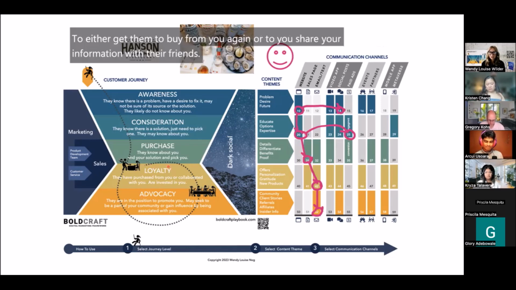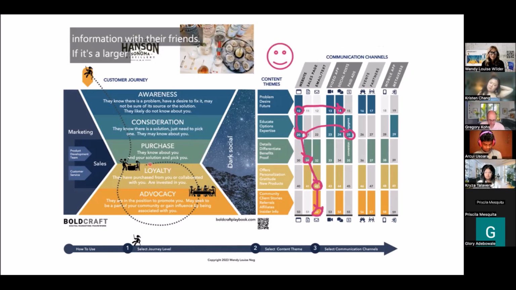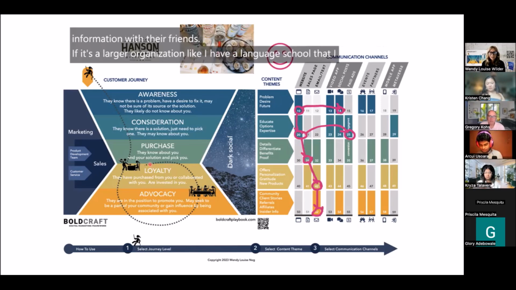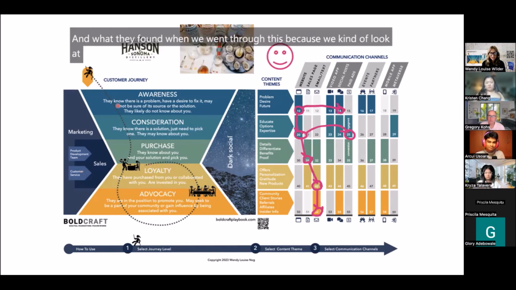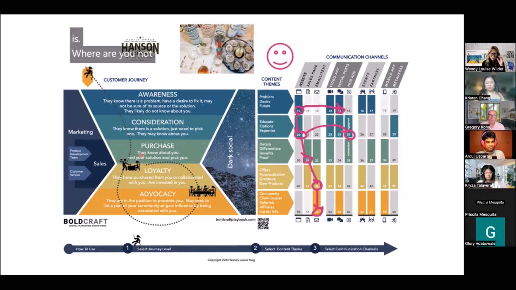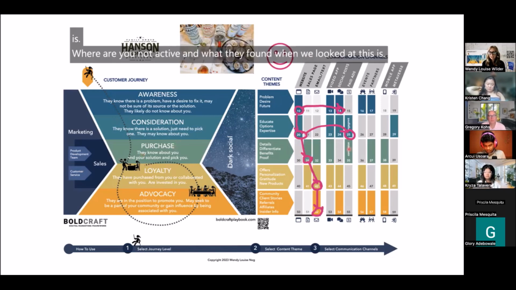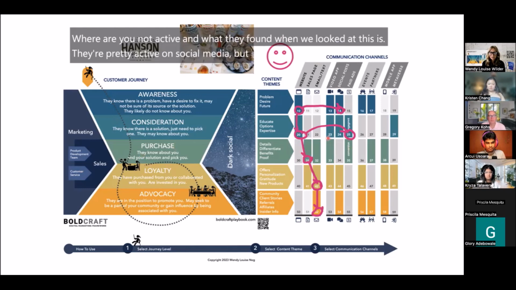If it's a larger organization, like a language school that I'm working with, we go through the chart together and figure out where your weaknesses are, where you're not active. What they found when we looked at this is they're pretty active on social media, but it's all in this level.